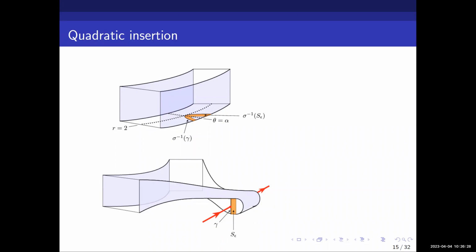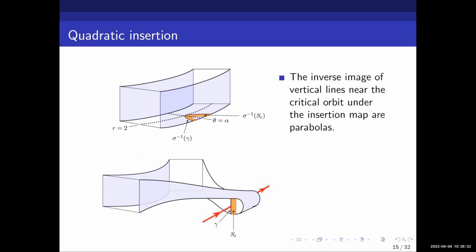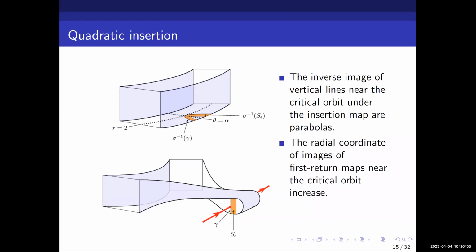And what they call the quadratic insertion assumption is that if you look at the inverse image of a vertical line under that insertion map, so here's a whole strip of vertical lines, if you look at the inverse image of that, you get a parabola in the base. And you need this sort of shape in order to get aperiodicity.